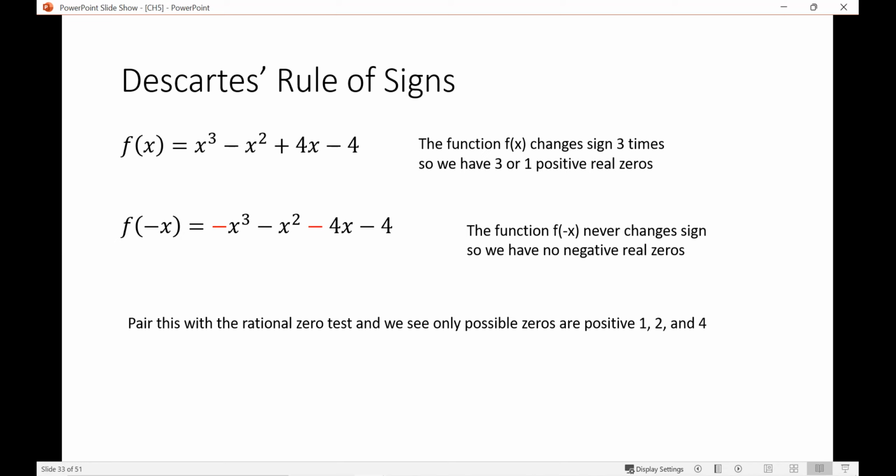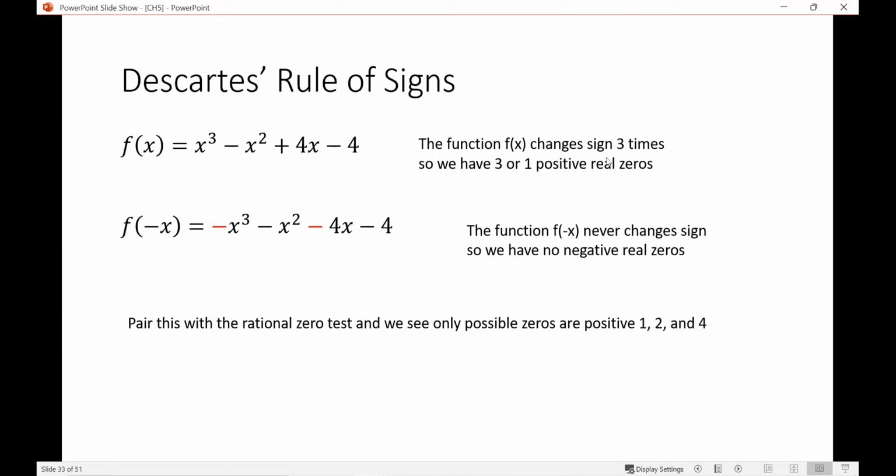Now the factors can be positive or negative, but by Descartes' rule, we know that there are no negative real zeros. So we really only have for our possible rational zeros 1, 2, and 4. So let's go ahead and check if any of these are rational zeros of our function.